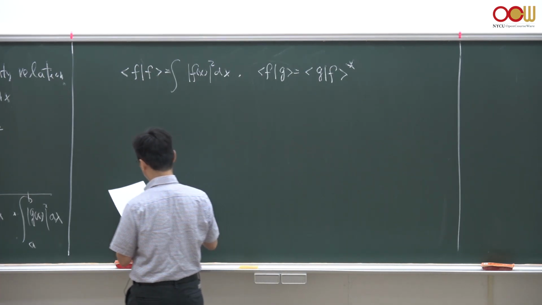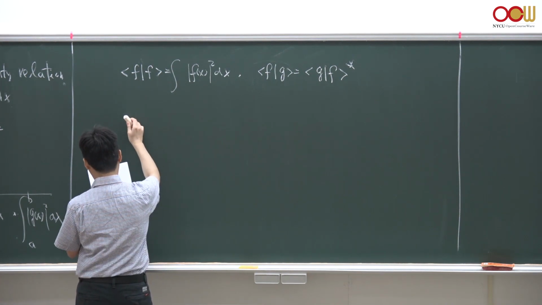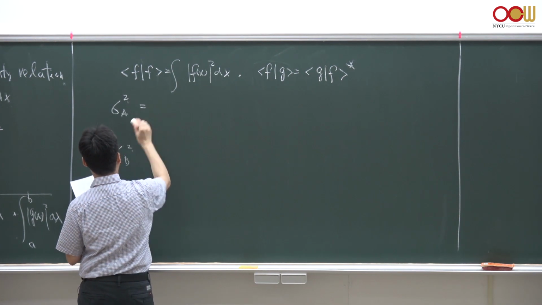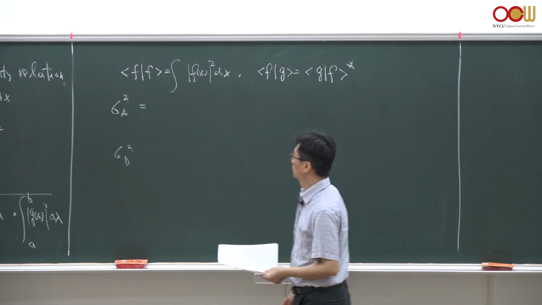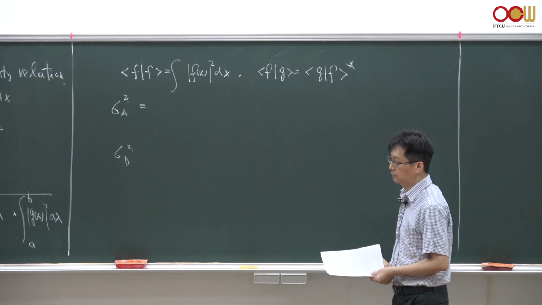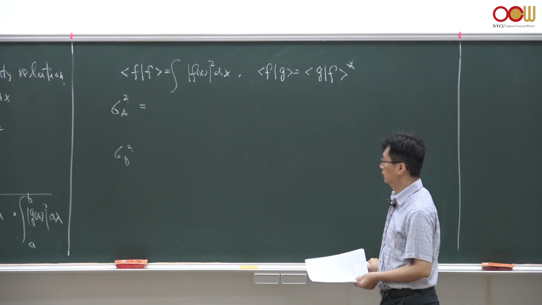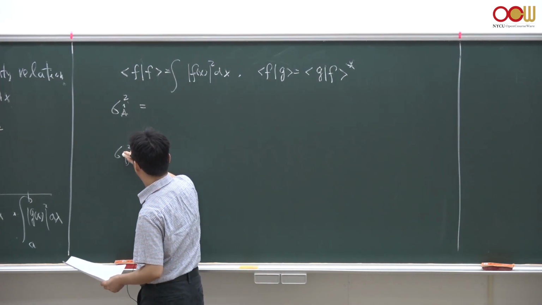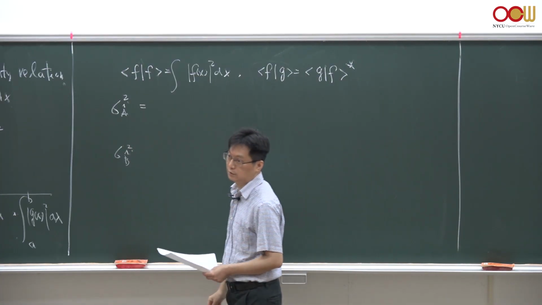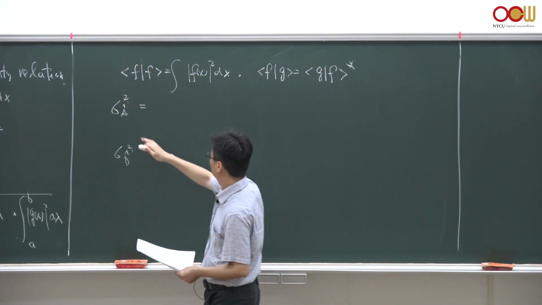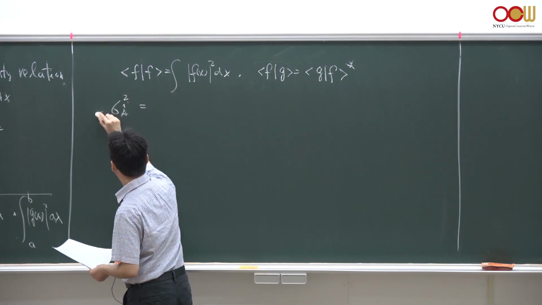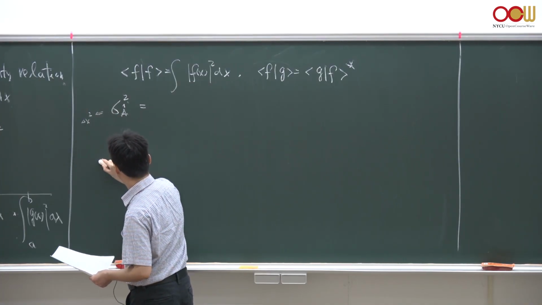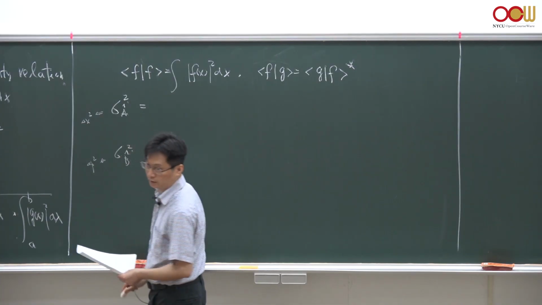Now let's define a standard deviation when we take the measurement for a particular observable, which is defined by operator A. Imagine this is delta x squared, and this will be delta p squared, something like that.